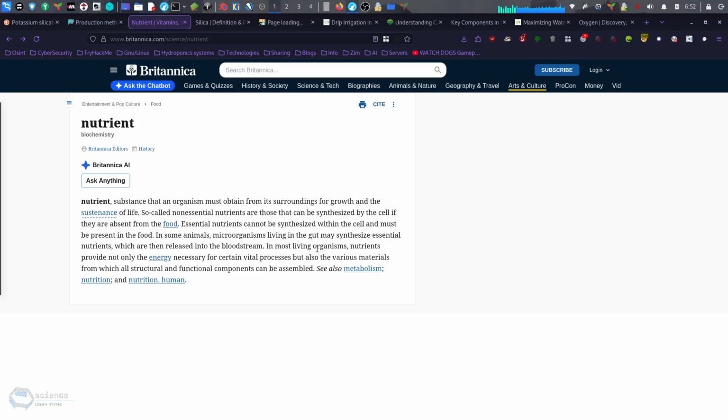In most living organisms, nutrients provide not only the energy necessary for certain vital processes, but also the various materials from which all structural and functional components can be assembled. See also metabolism, nutrition, and nutrition, human.